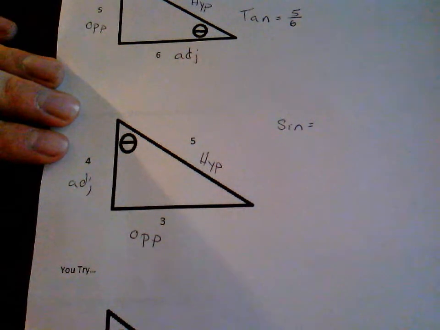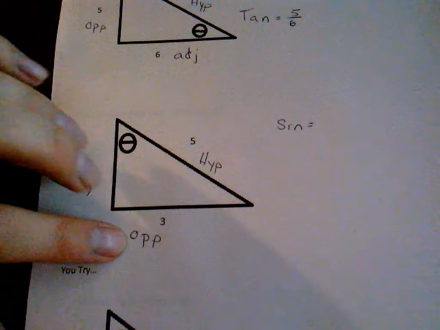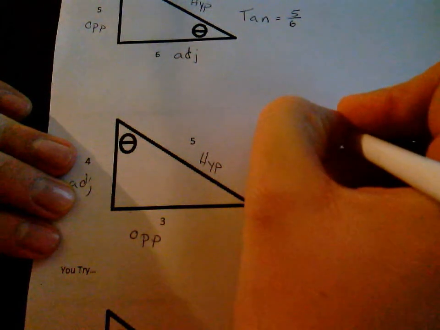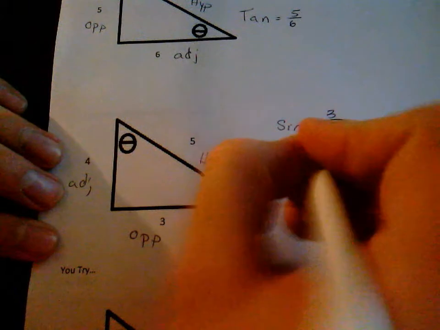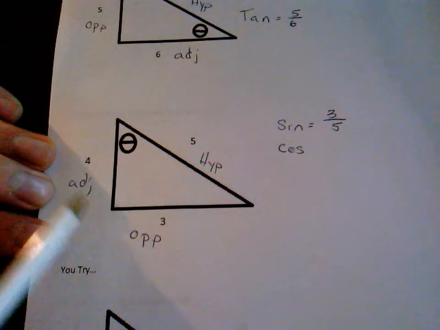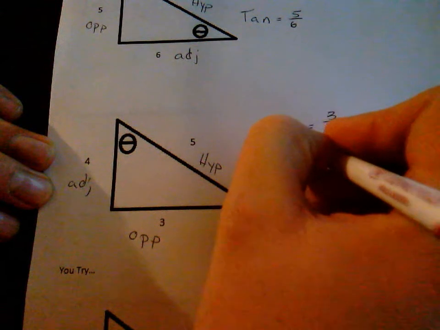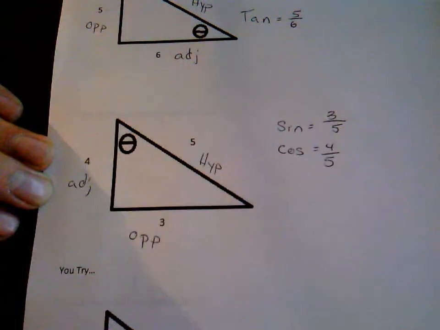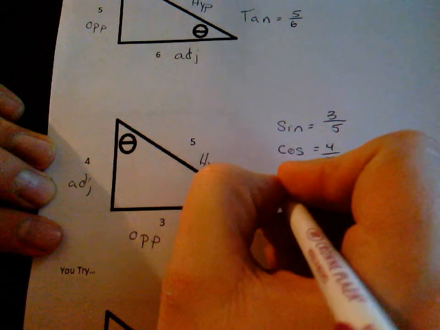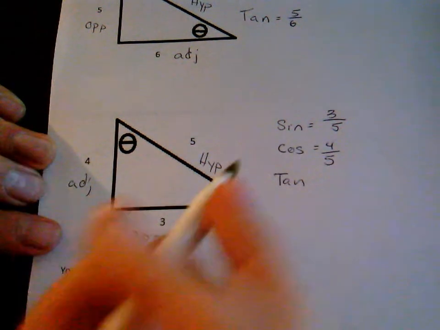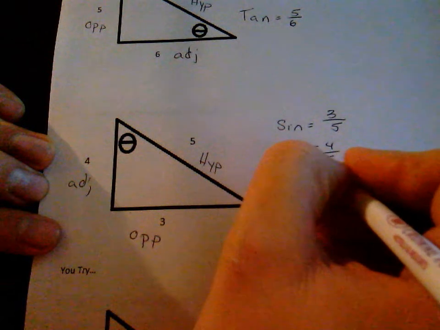Sine is opposite over hypotenuse, or 3 over 5. Cosine is adjacent over hypotenuse, or 4 over 5. Finally, tangent, which is opposite over adjacent, or 3 over 4.